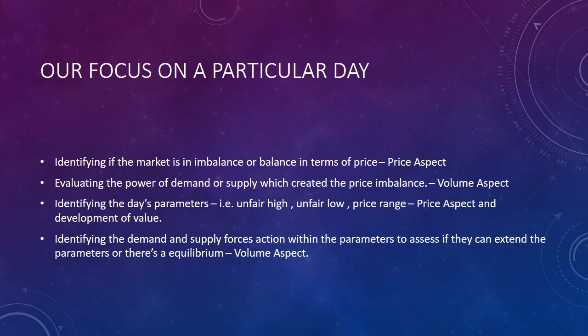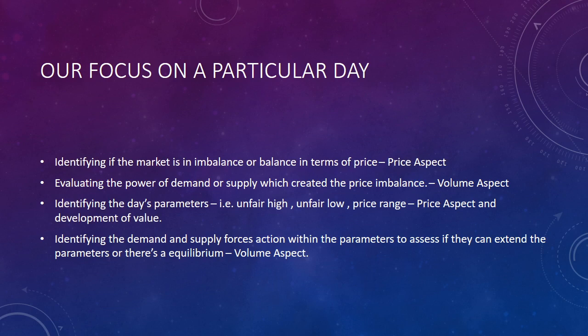So with this, I'll wrap up this particular video, to summarize what we have discussed. We have identified that the core idea of the market profile is that the market moves in imbalance, balance, and imbalance phases, and creates value every day, right?